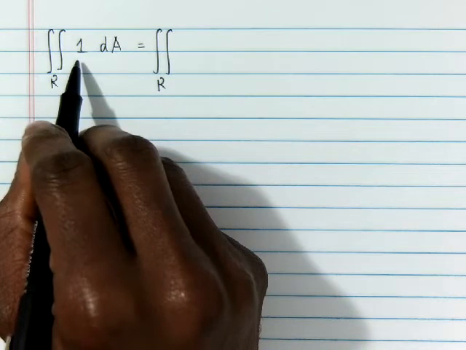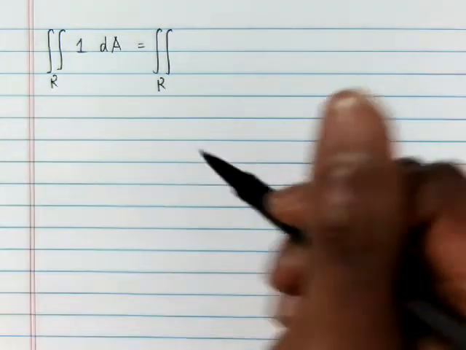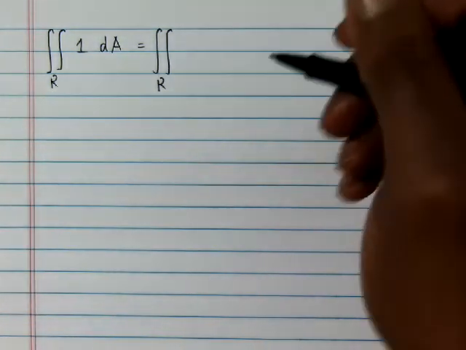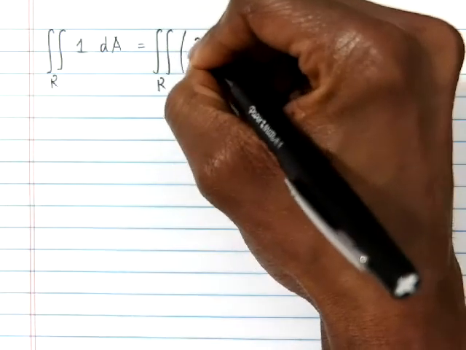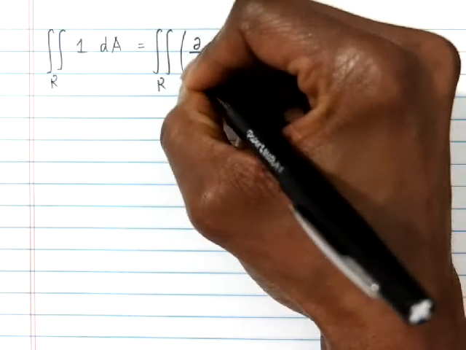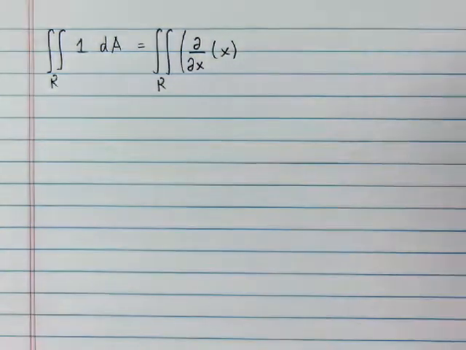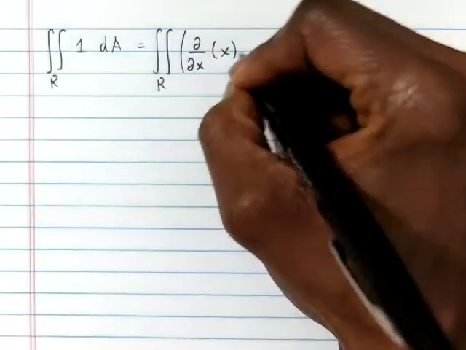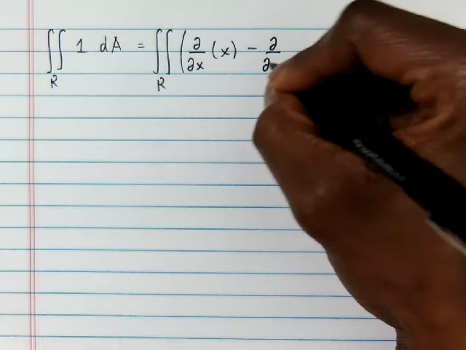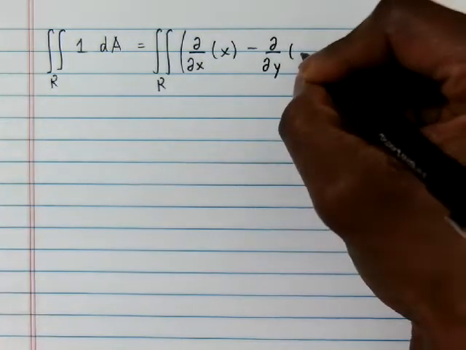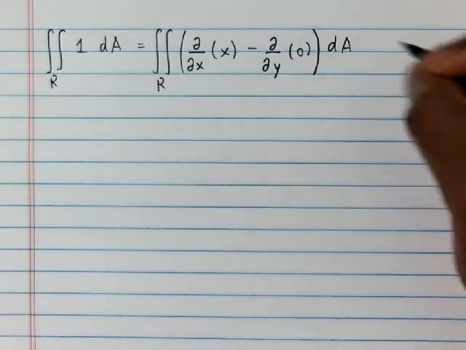So there are a number of different ways we can write the number 1. One of the convenient forms for our particular problem here, where we're trying to find the area, will be to write 1 as the partial derivative with respect to x of x, which we know is 1, minus the partial derivative with respect to y of 0, which we know is 0, dA.